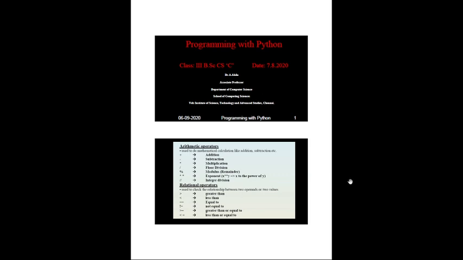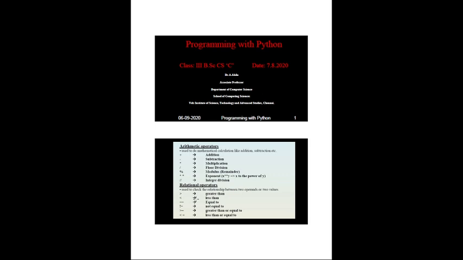Next we have the relational operator. When you want to compare two values, whether the first value is greater than the second value or the first value is less than the second value, you can use these relational operators. They are also called comparison operators. We have greater than, which means the first value is greater than the next value.